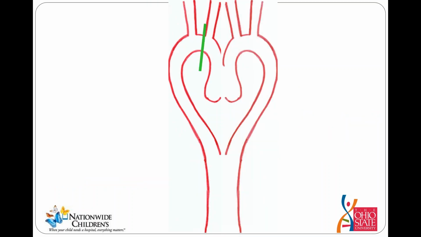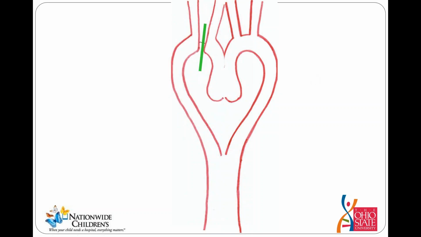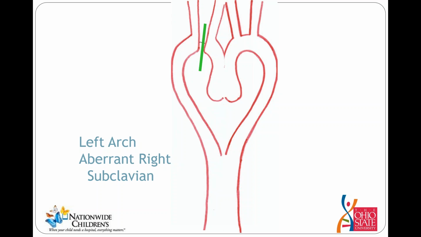So if we start with the double arch again, and you divide here, you've just made the mistake: instead of coming over to divide in the normal location, past what will become the right subclavian, you've moved over one. So what is this? If you divide there instead, you are now a left arch with an aberrant right subclavian.